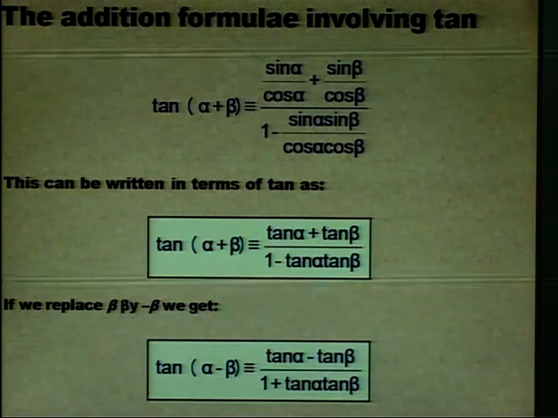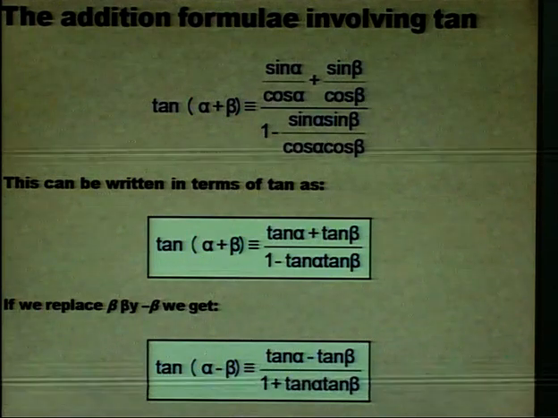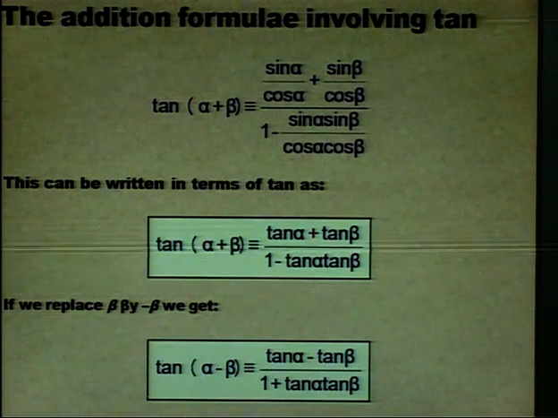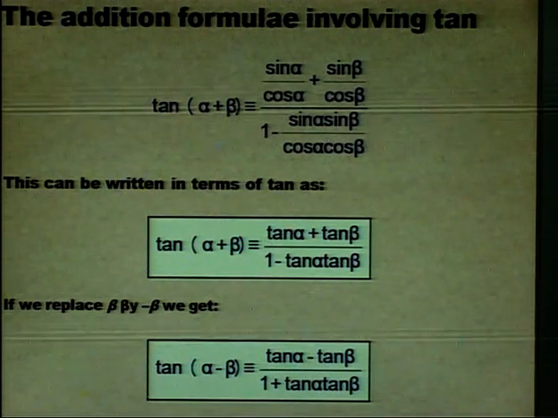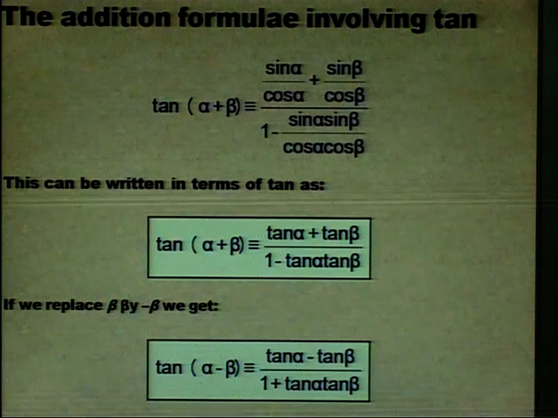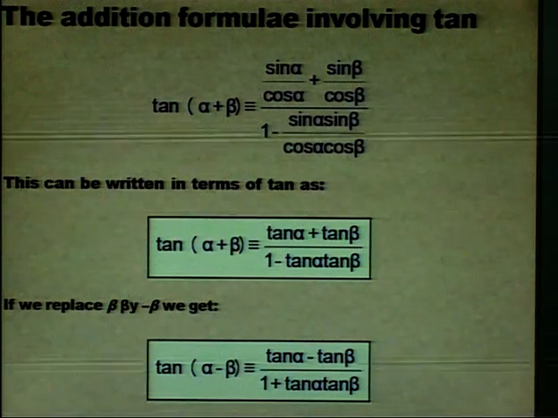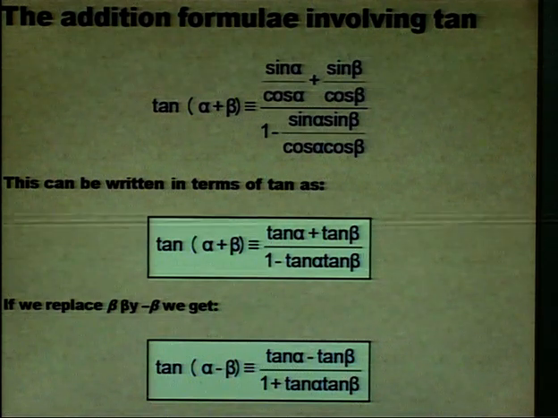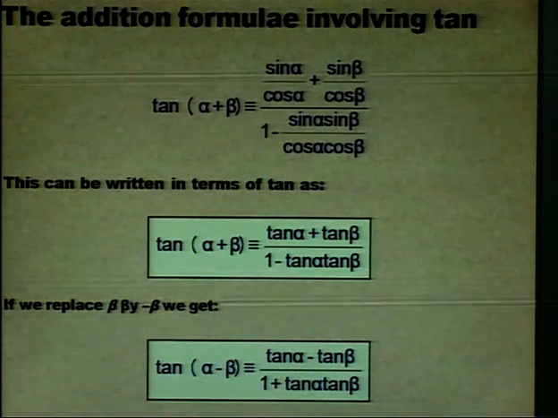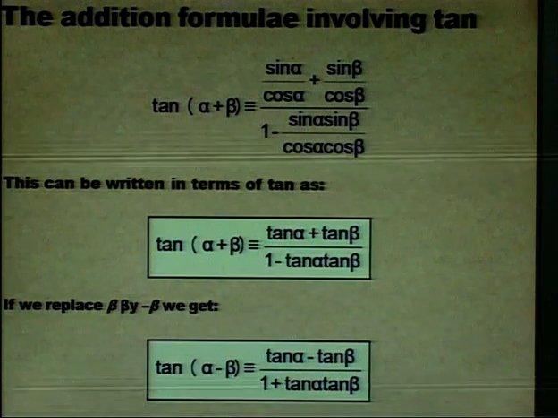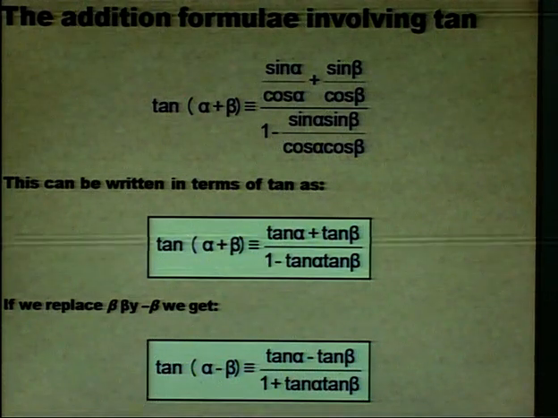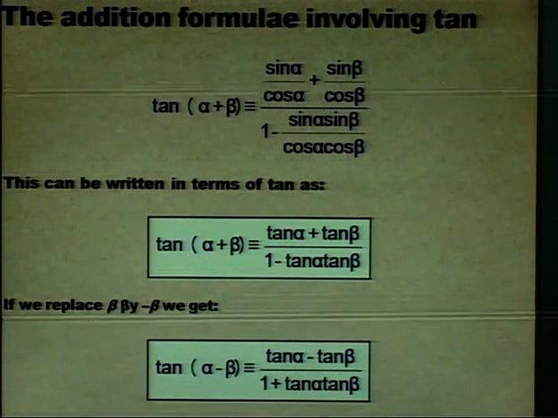And the formula for tangent of alpha minus beta, you could have taken as sin of alpha minus beta upon cos of alpha minus beta. That is also a correct approach, and you repeat the same process which I did in the case of tangent of alpha plus beta.